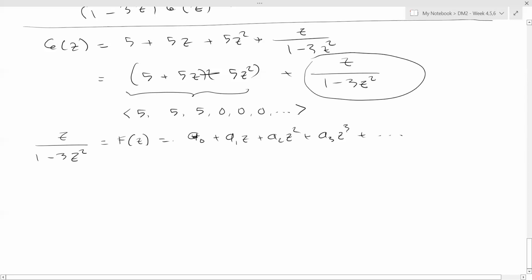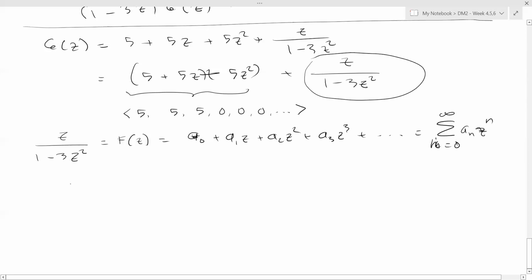Or let me write down, this is the sum of n from 0 to infinity a_n z to the power of n.